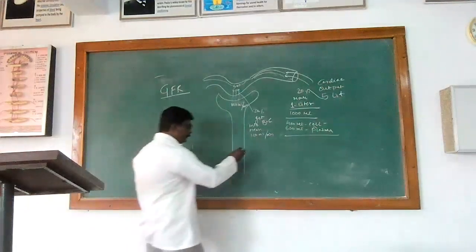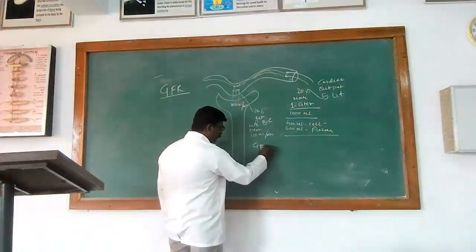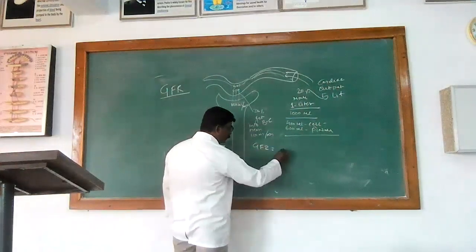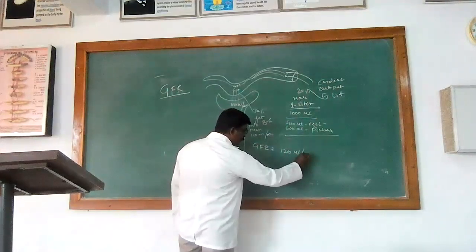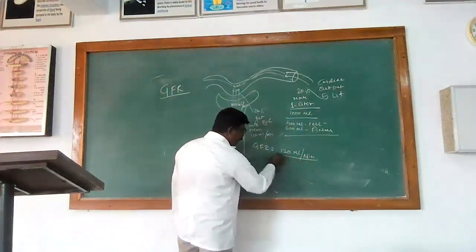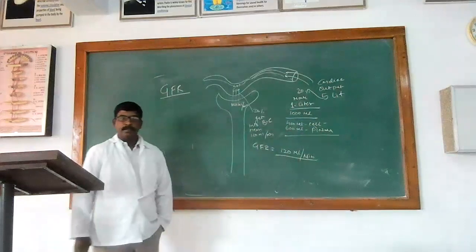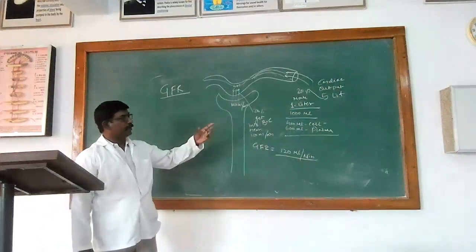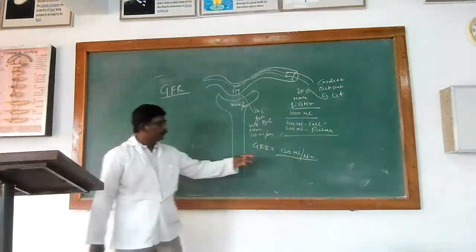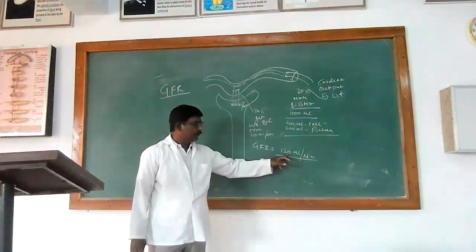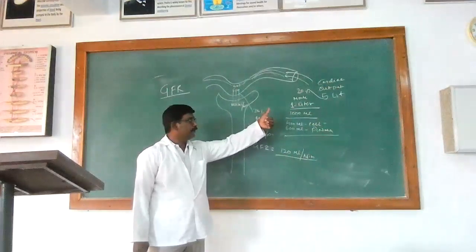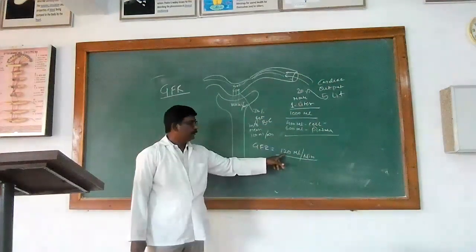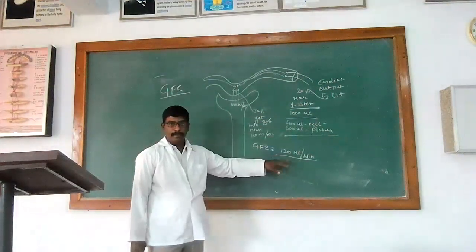So GFR equals 120 ml per minute. If you consider 6 liters as the cardiac output, then it becomes 125 ml per minute. If you consider 5 liters, it comes to 120 ml per minute.